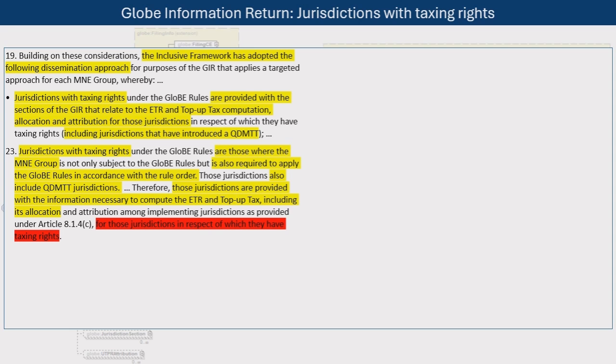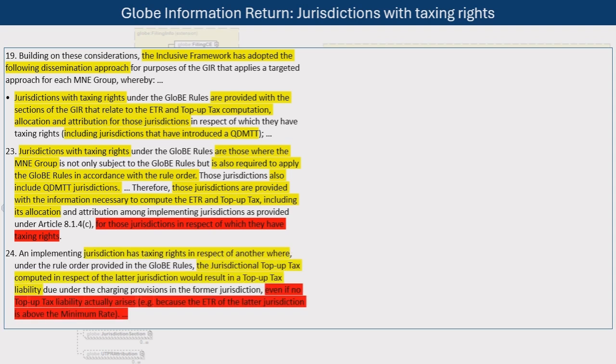And therefore, those jurisdictions are provided with information necessary to compute the effective tax rate and top-up tax, including its allocation and attribution among implementing jurisdictions as provided for under Article 8.1.4C, for those jurisdictions in respect of which they have taxing rights. So that means not only for themselves, but they get it for the jurisdictions that they can tax. So everything below them, one would assume.